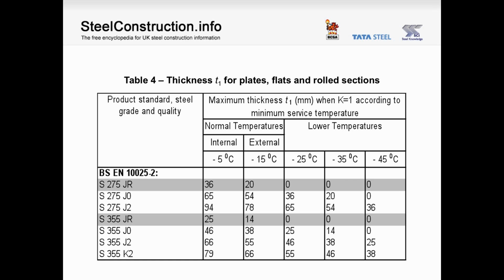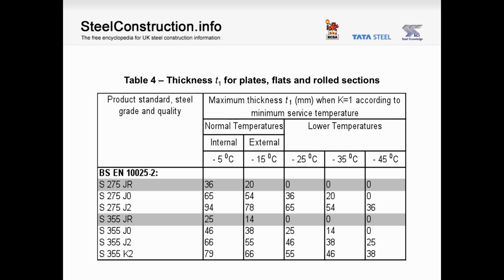Here is an extract from Table 4 that gives us the limiting thickness T1. This table allows for the effects of the minimum temperature that the steel will feel and also the strength grade and subgrade quality. You'll recall that to increase the strength of steel, carbon is usually added to the mix, but it has a detrimental effect on toughness.